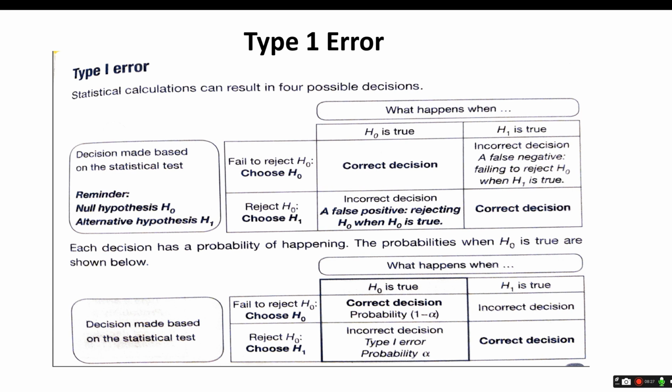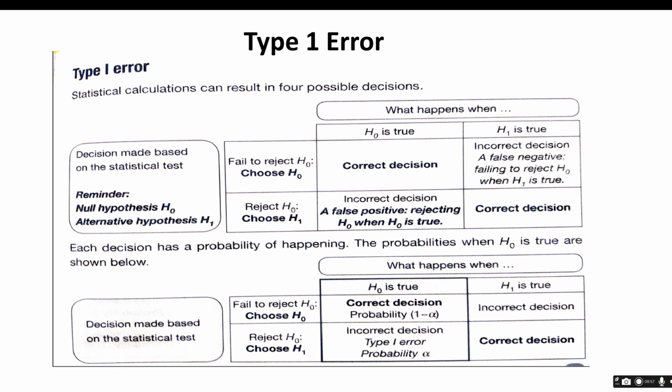Simply I can say that if the best stable wheat variety yield is 15 tons, and the local check is also 15 tons, and there is no difference between them, the yields are the same. So this is the null hypothesis.